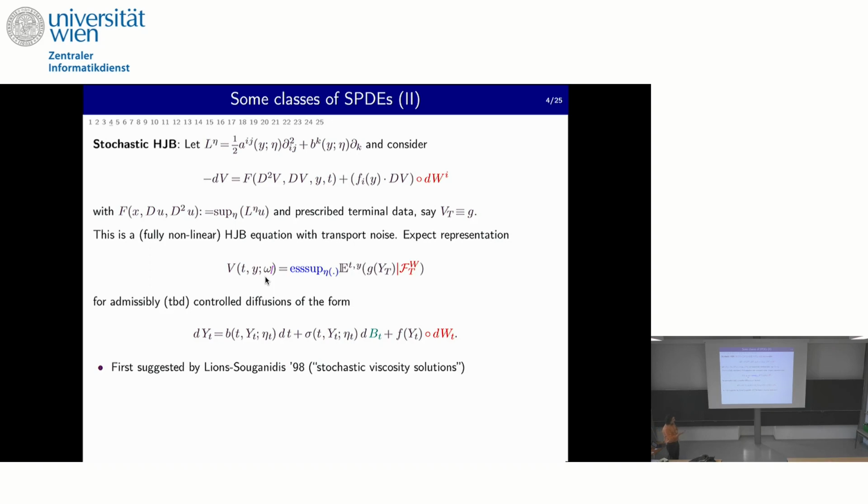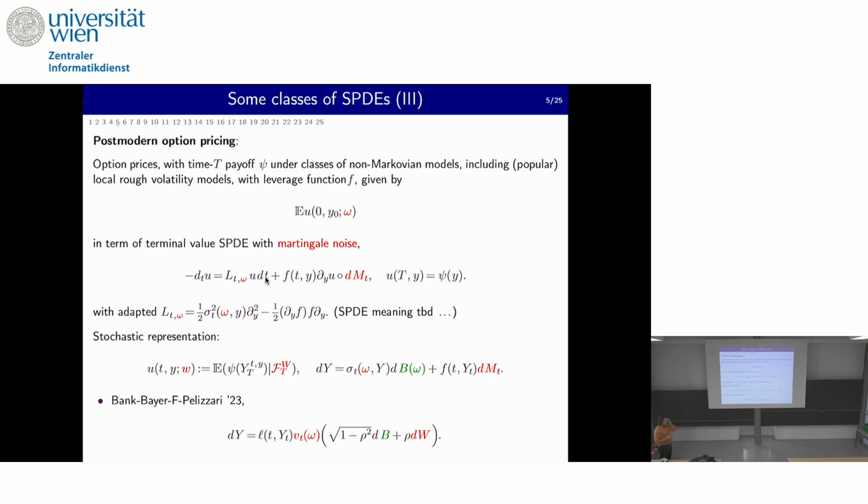And many people worked on this. I should mention Buckdahn, Ma, but maybe I come later to this. All right. So the take-home message of this example is, here's an interesting nonlinear SPDE, and again, there's some process in the back that has somehow two batches of Brownian motion, one of which we condition.